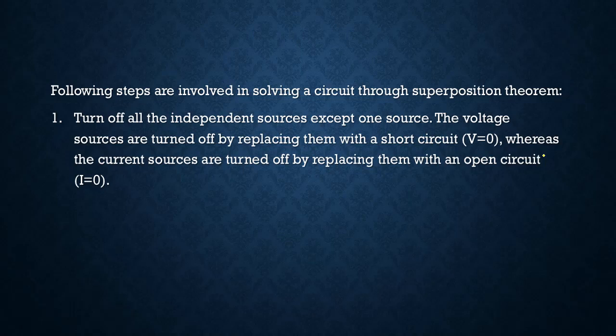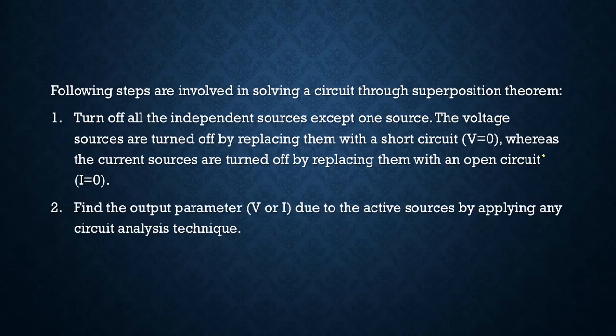That means we need to replace the voltage source by a short circuit. On the other hand, for a current source, making its magnitude equal to 0 is the characteristic of an open circuit. So we need to replace the current source by an open circuit.